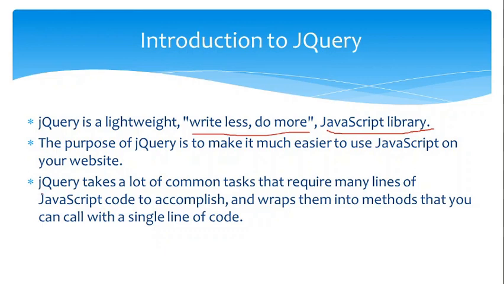Okay, fine. jQuery takes a lot of common tasks that require many lines of JavaScript code to accomplish, and wraps them into methods that you can call with a single line of code. So jQuery has some methods, some JavaScript code wrapped into a method, and whenever you use that, you get the code in just a single line.